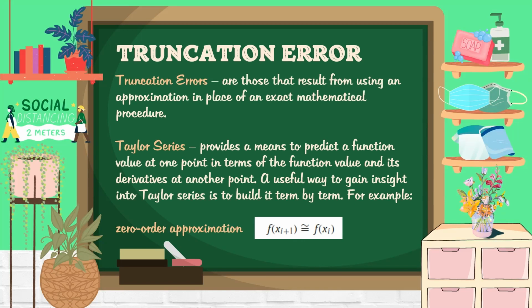This result makes intuitive sense because if x_i and x_{i+1} are close to each other, it is likely that the new value is probably similar to the old value. This equation provides a perfect estimate if the function being approximated is in fact a constant.